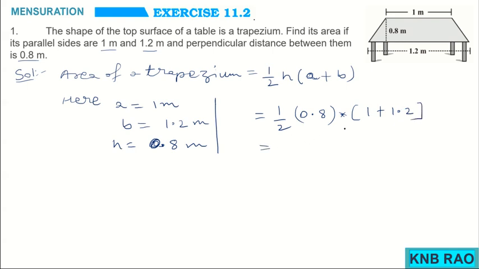So, on simplification, this 2 cancels with 0.8, gives you 0.4 into 2.2, which gives us 0.88 meter square as the area of the trapezium.